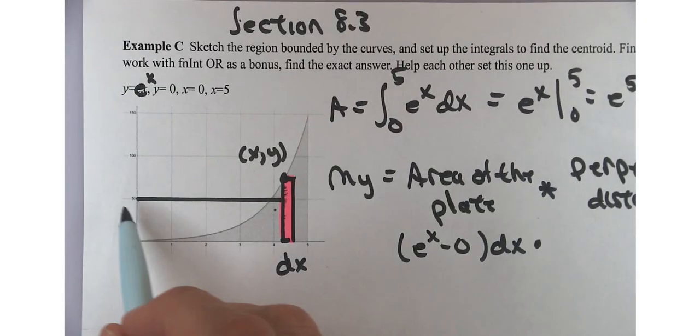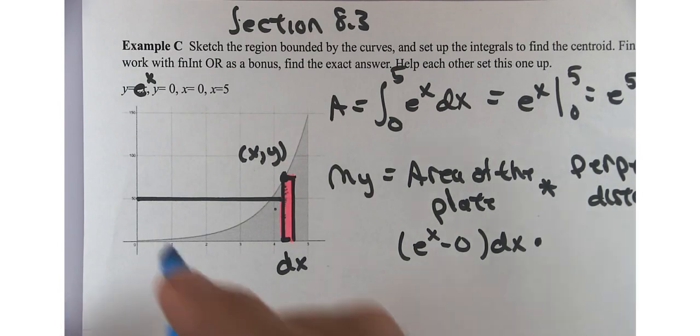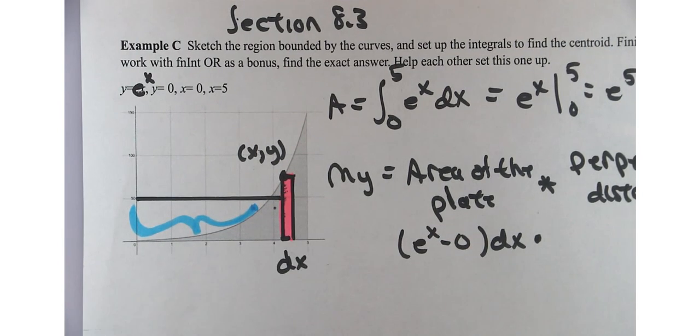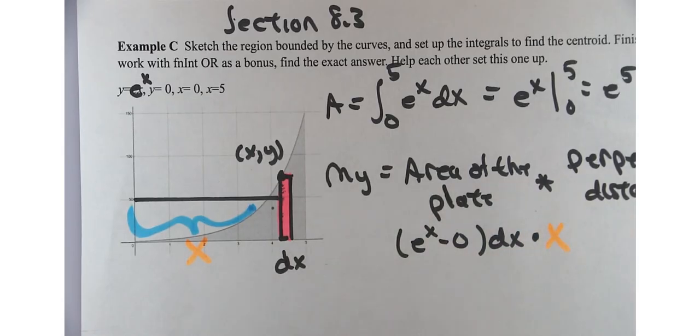How far away from the x-axis, or excuse me, the y-axis is this? Yeah, it's just the distance of x. So that distance is x. Let me put that here so you can kind of see where that's coming from.